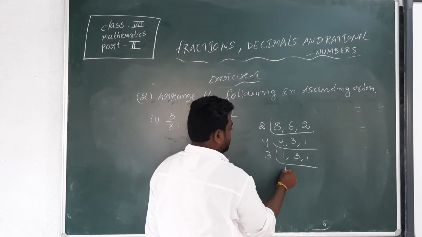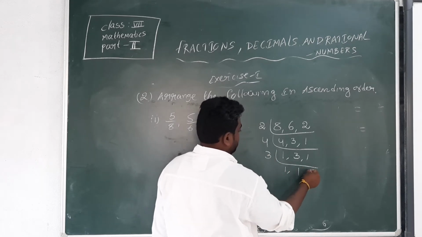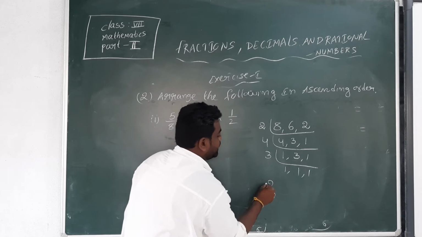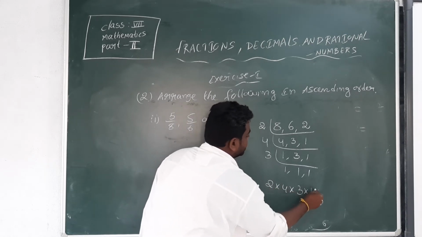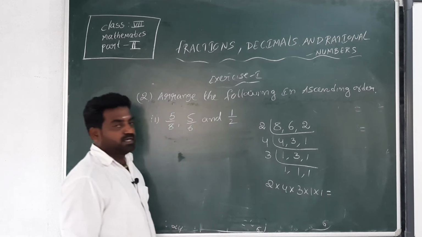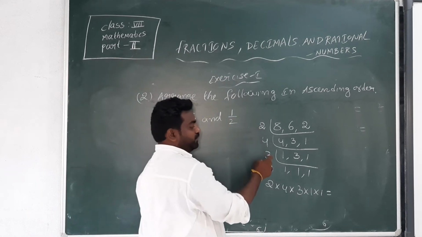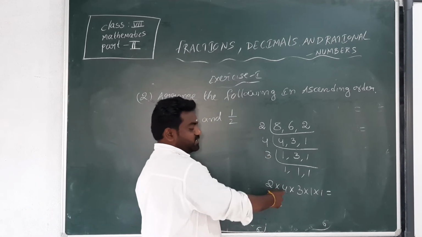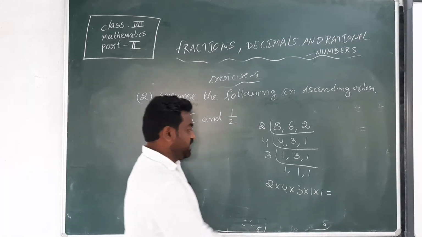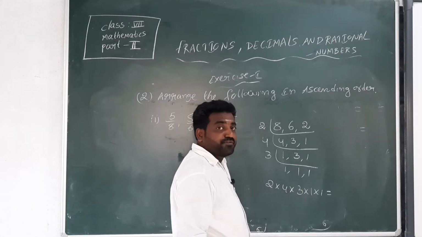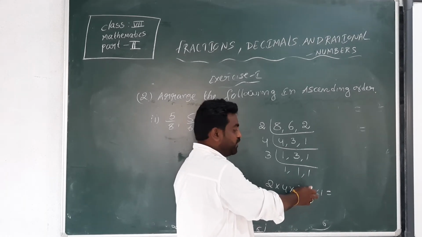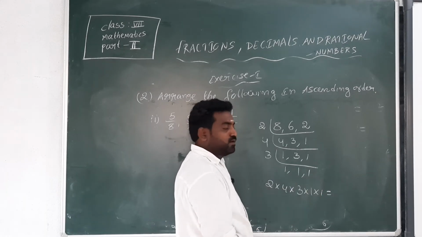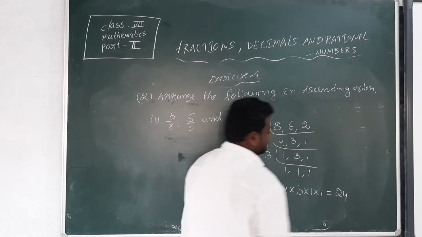So 2 into 4 into 3 into 1 into 1. We multiply: 2 4s are 8, 8 3s are 24, 24 into 1 is 24.